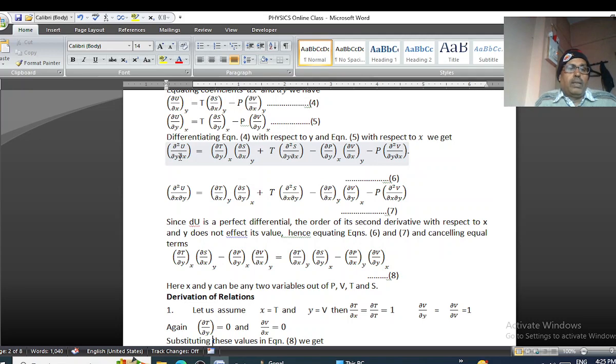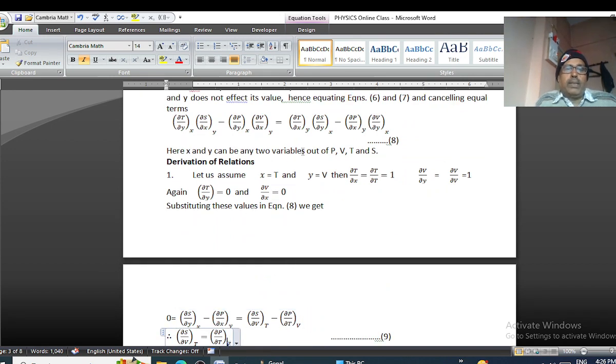It does not matter which occurs earlier, y or x. So we equate these two equations, and after equating we get equation 8.